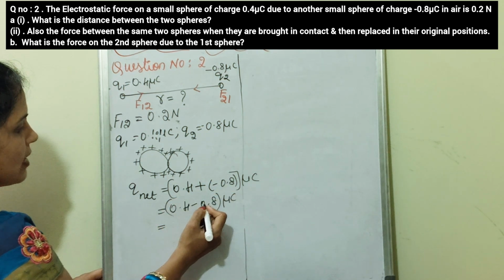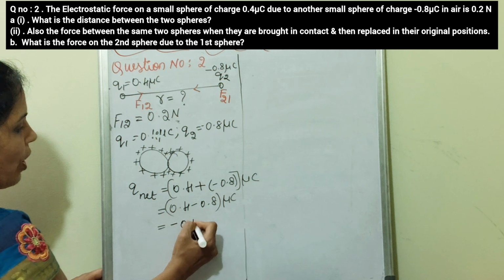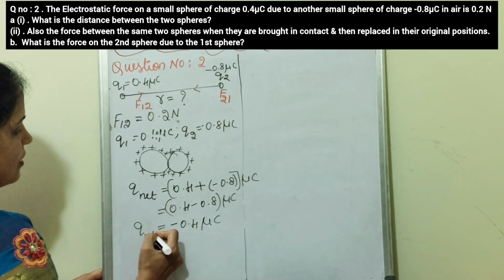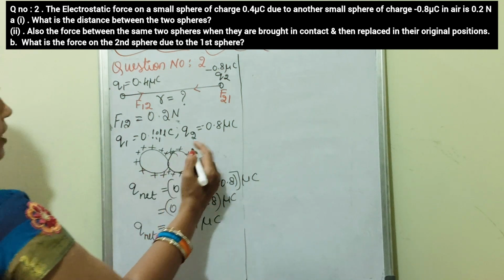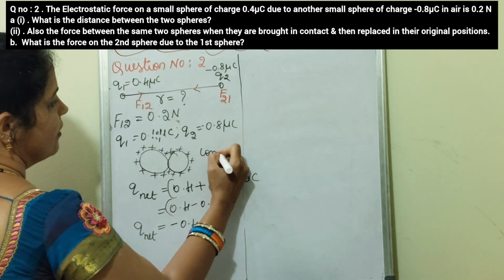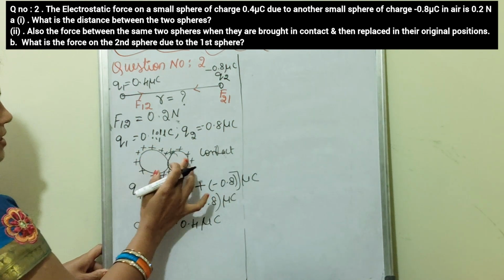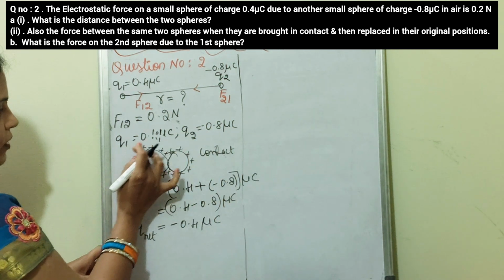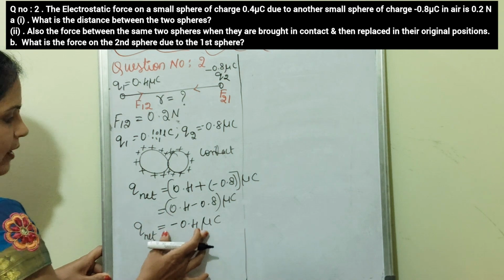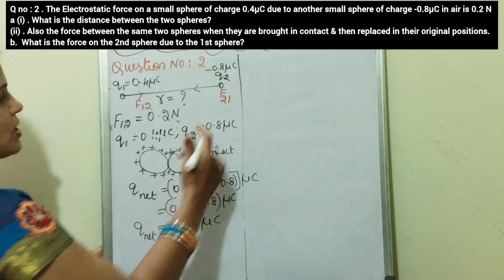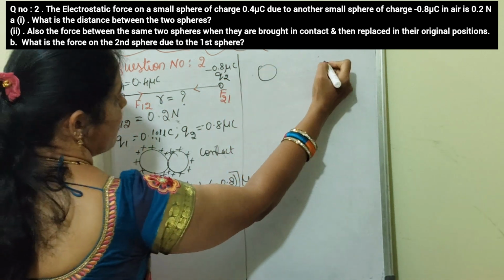So 0.4 minus 0.8 is minus 0.4 microcoulomb. It is the net charge. Now, here they are in contact. When they are in contact, the total charges are distributed among the two spheres. So we found the net charge, minus 0.4 microcoulomb. Now you separate those two charged spheres. Separate them.